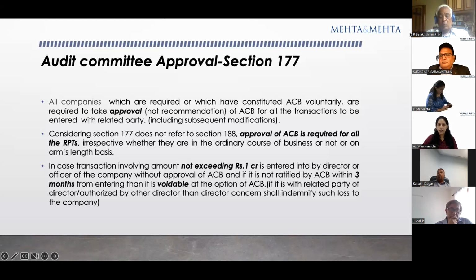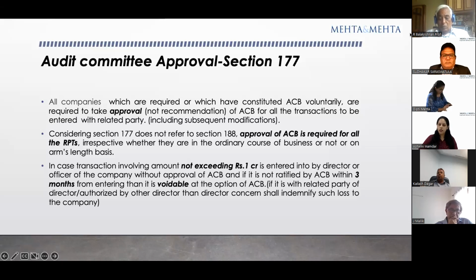Then in case a transaction involving an amount not exceeding 1 crore is entered into by any director or officer without approval of the audit committee, and it is not ratified by the audit committee within 3 months, then it is voidable at the option of the audit committee.